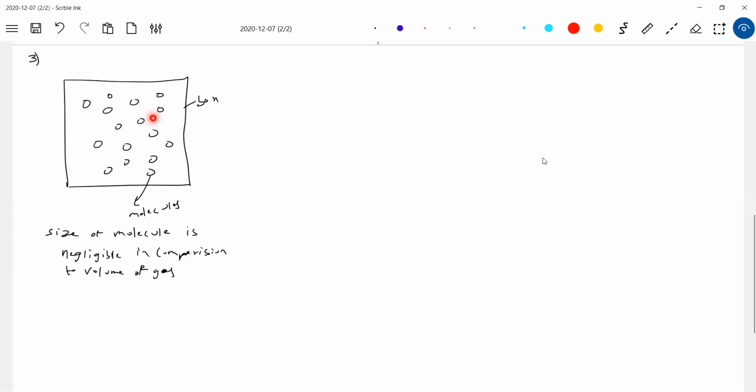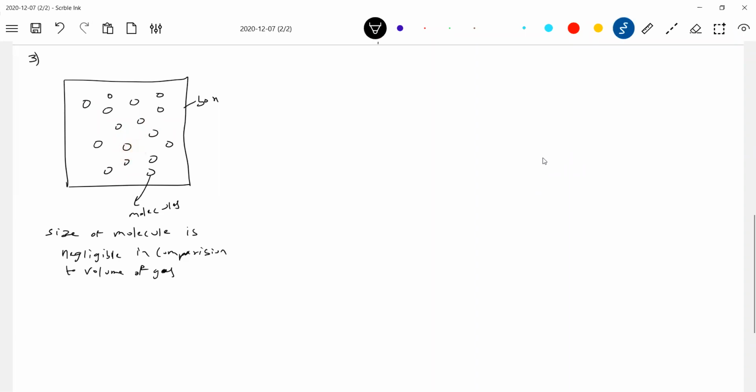This particular 4/3 pi R cubed will be very much negligible compared to the volume of the gas, which is the volume of the box here. It's a small tiny particle, like a dot. In most cases we can generalize that the size of a molecule will be about 0.041% of the volume of the gas.